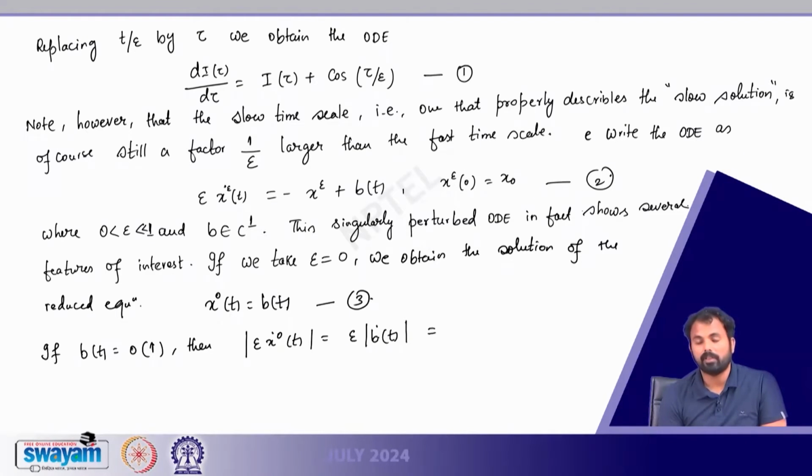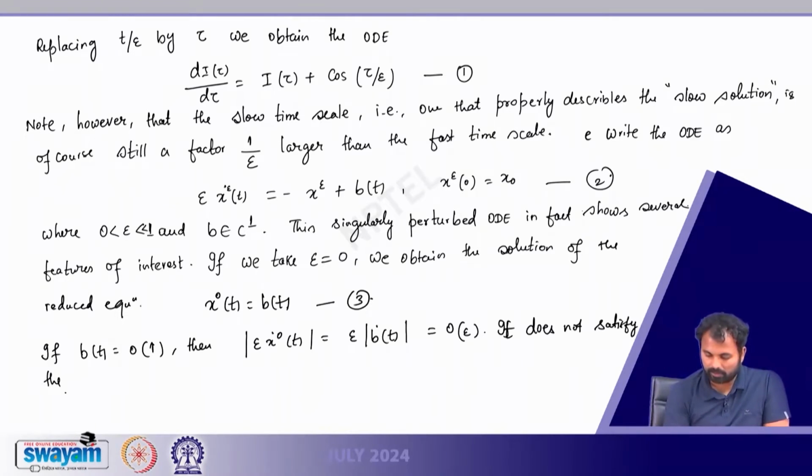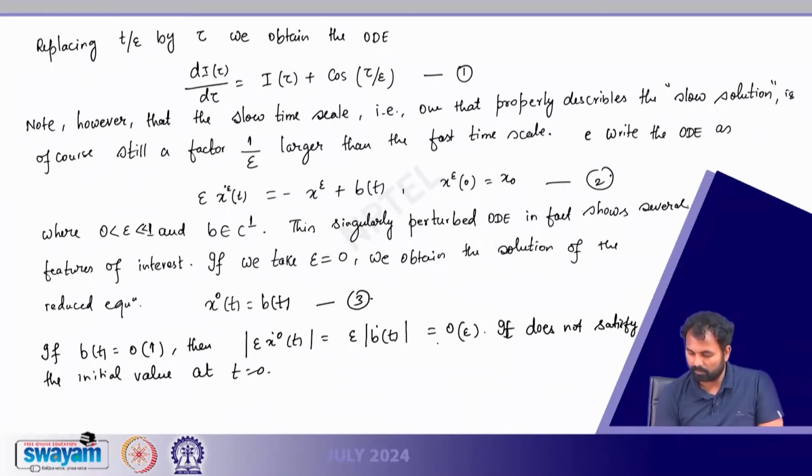Since b is of order 1, this will become of order epsilon, and it does not satisfy the initial condition, does not satisfy the initial value at t equals to 0, right? Because this epsilon times x dot 0 is becoming of order epsilon, and therefore it fails to satisfy the initial value at t equals to 0.